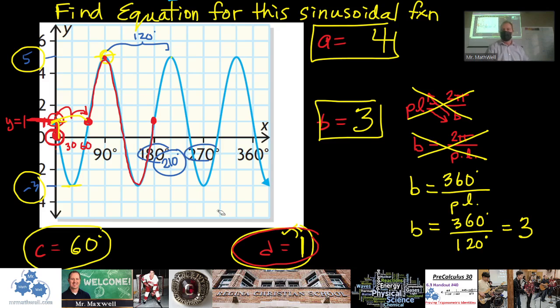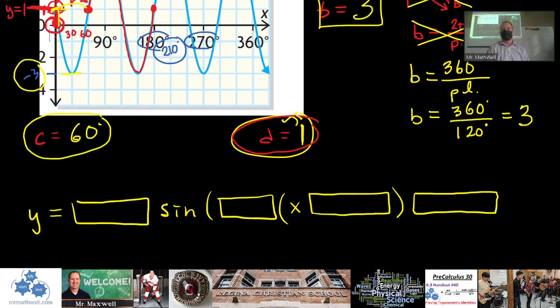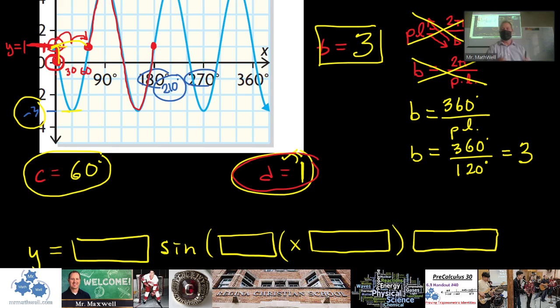Okay. So we've got the A, got the B, got the C, and got the D. It's now just as simple as taking our graph equation format and plugging in our values. Easy as that. So the A value we said was 4. The B value is 3.